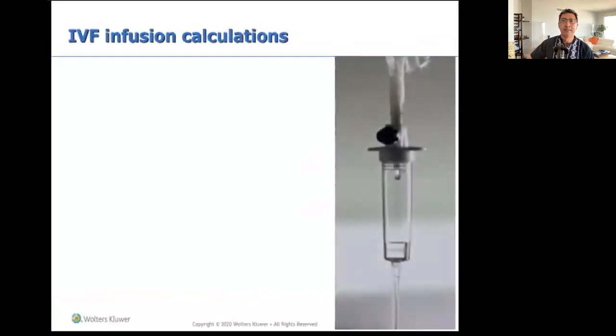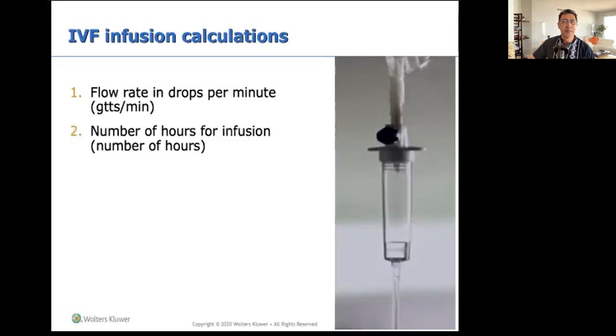All right, now let's do some calculations. This is the meat and potatoes of this. When we're calculating IV fluid infusions, we're looking for any of these three: the drops per minute, or flow rate, the number of hours the infusion is going to last, and more importantly, the volume per hour.